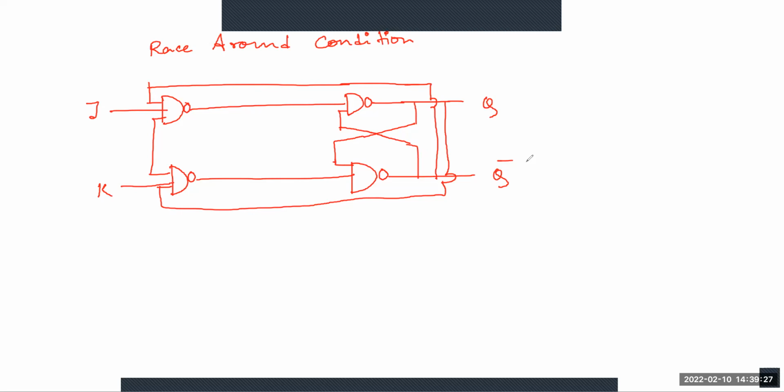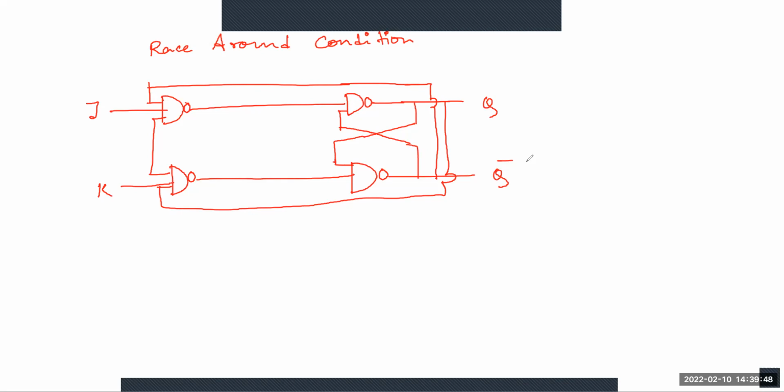There is another concept, the master slave JK flip flop. The master slave JK flip flop is a way to overcome the racing condition of the JK flip flop. There is another way also.